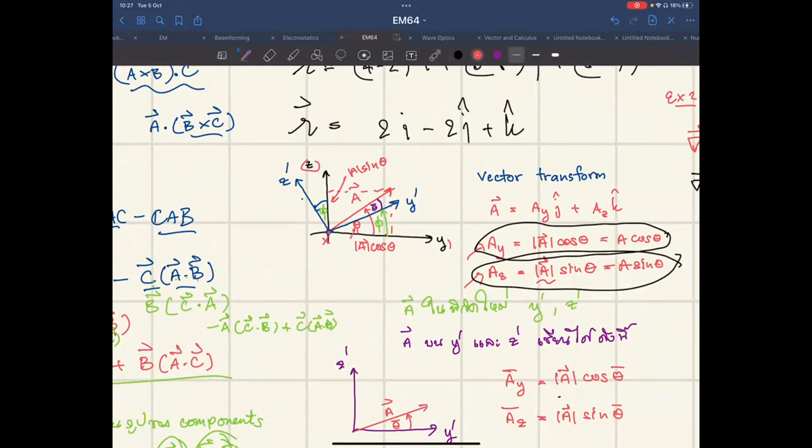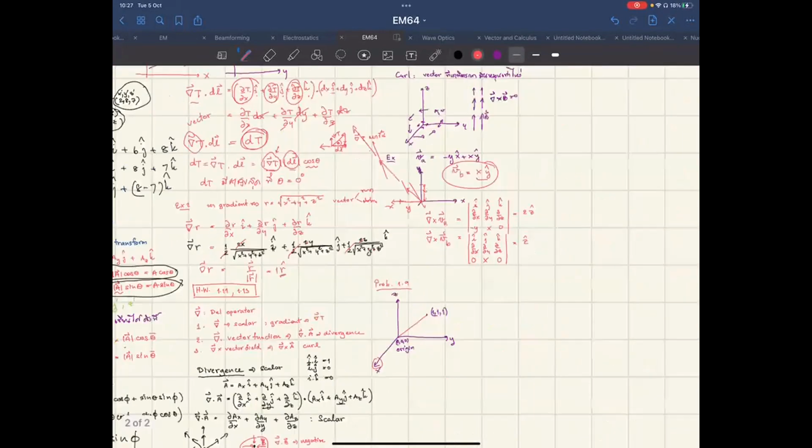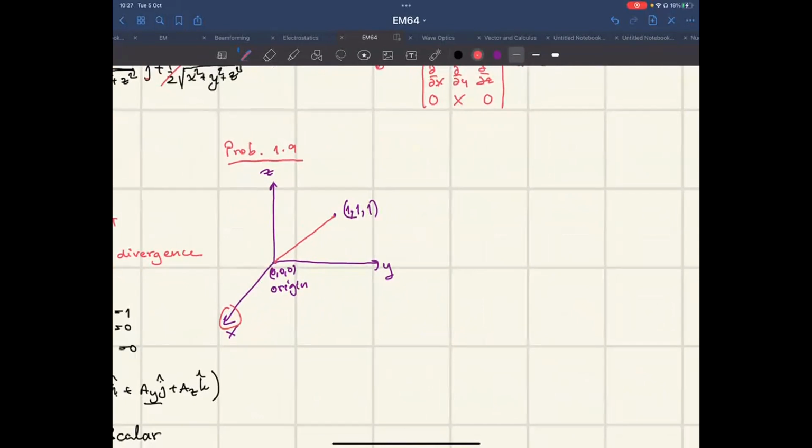So you get the rotation transformation. Now, instead of rotating the x-axis, we rotate it this way. Any questions?